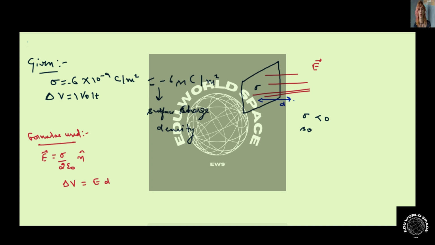So the first question is, where is the electric field? The electric field due to the negative surface charge density should be towards the sheet of charge itself.